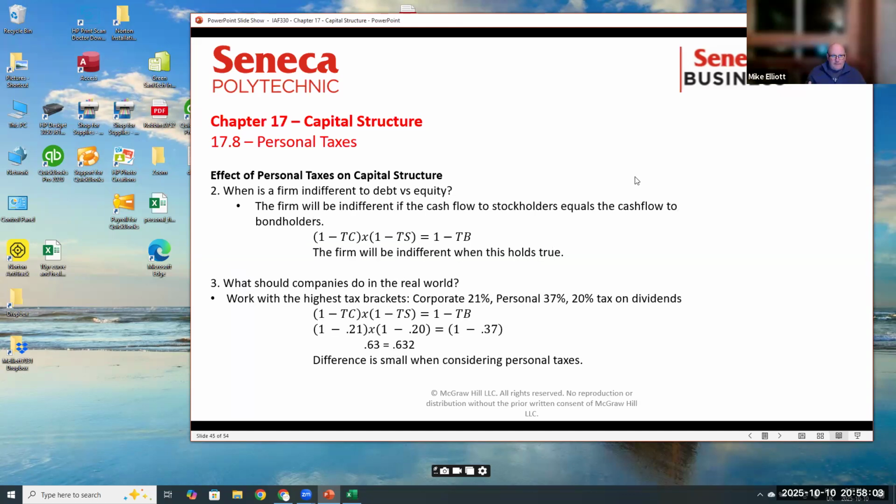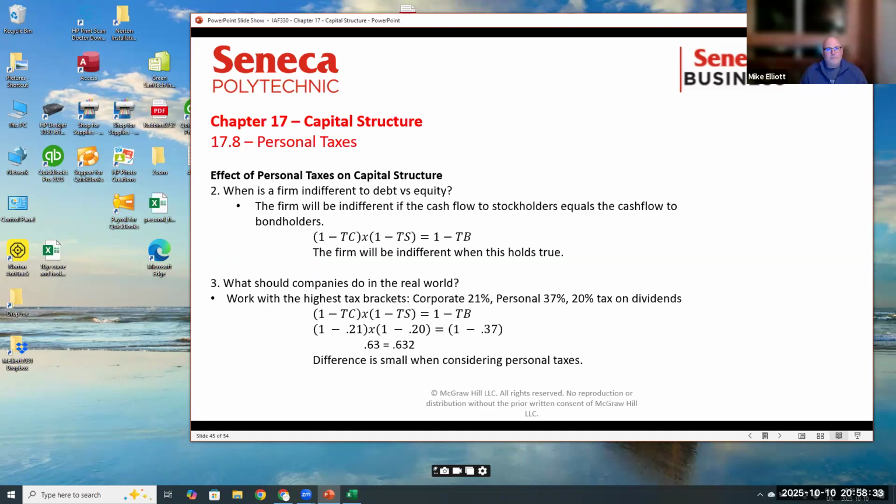If I'm indifferent, then the return on equity must equal the return on bonds. When 1 minus the corporate rate times 1 minus my rate is equal to 1 minus my rate, I will be indifferent. Does that ever happen? Well, no. So that's not a problem.